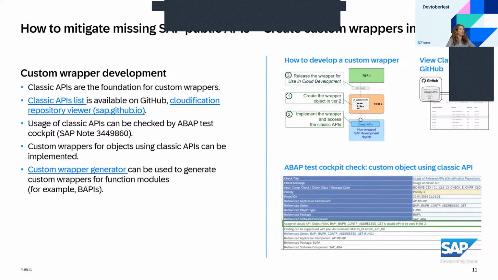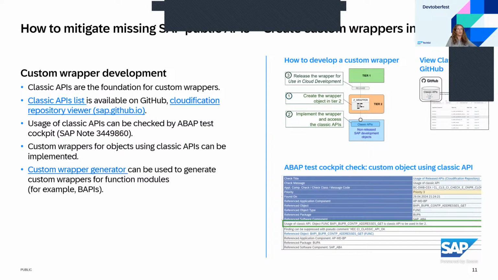So if you are missing the released public APIs and you are ready to develop your own custom wrapper to wrap and release objects for usage in tier 1, you can do it during your tier 2 development. And in this tier, you develop your own custom wrappers. The foundation for your custom wrapper development is the list of so-called classic APIs.